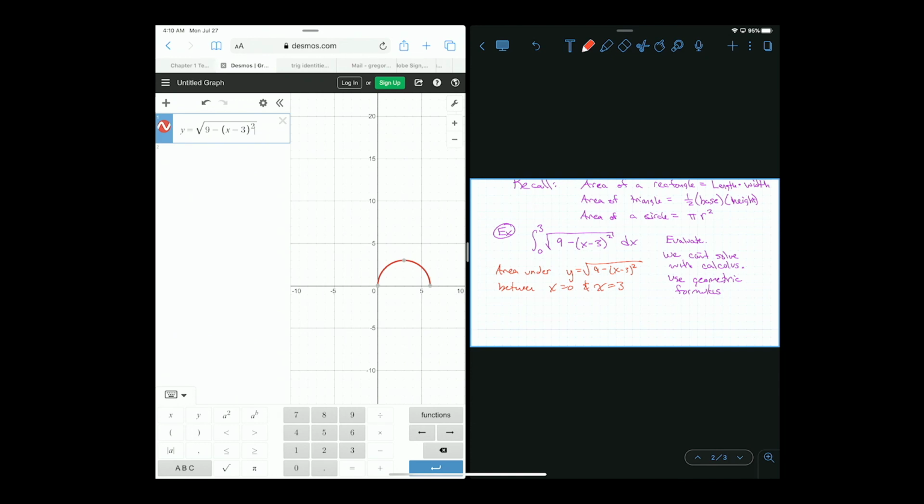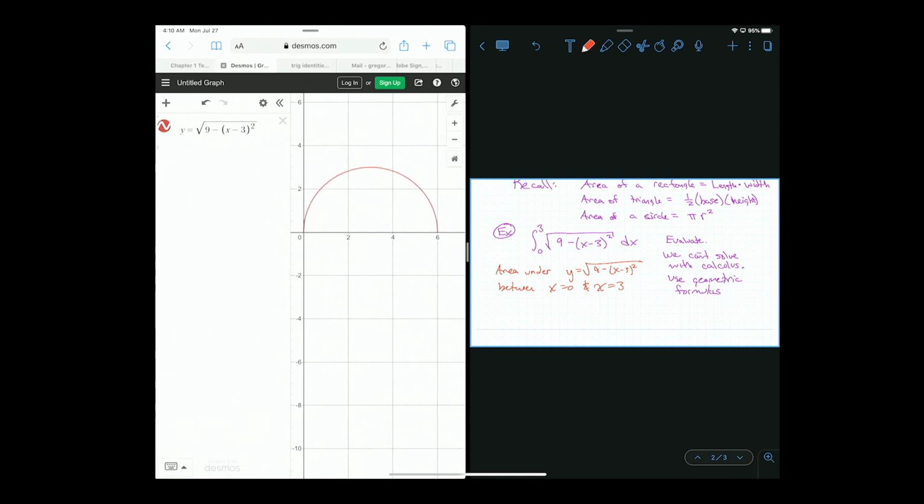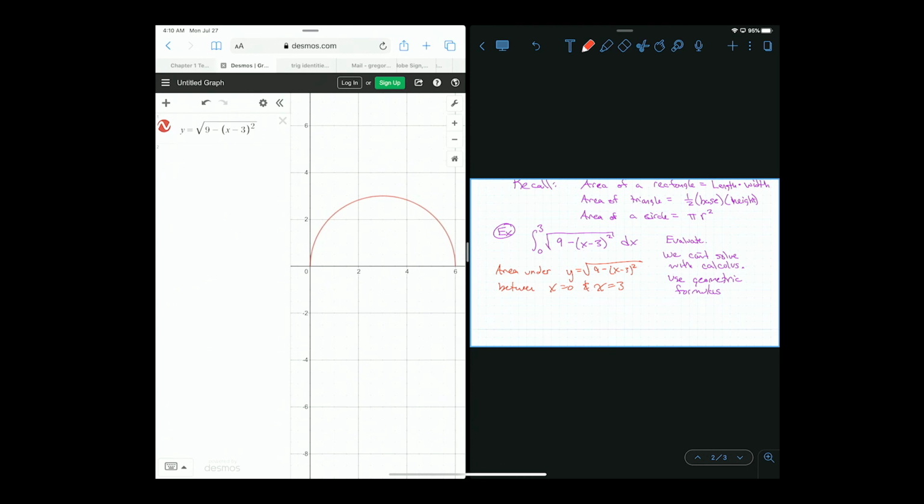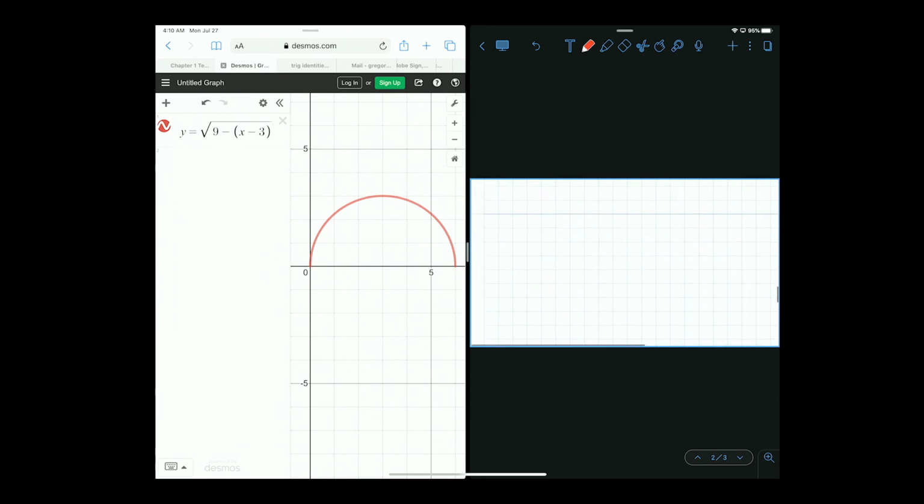Okay, so you see what's going on, right? We've got this curve. So you graph this curve here. That's the curve that you're trying to calculate. And so draw a picture of this. Up here at 3, 6. It looks like 6. Okay, so that's my curve.